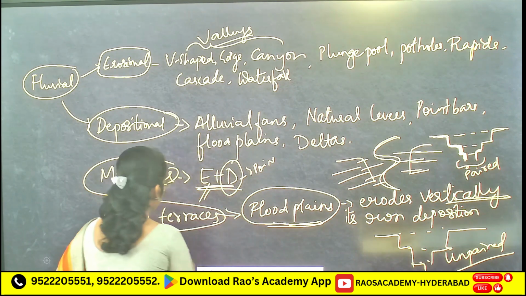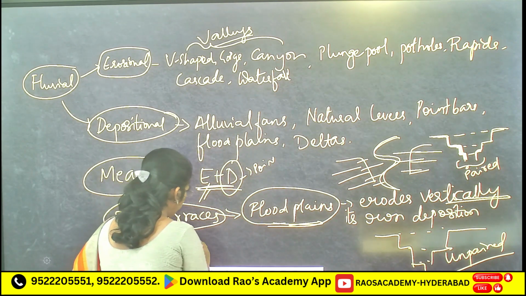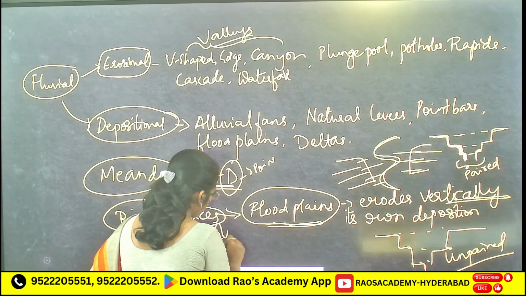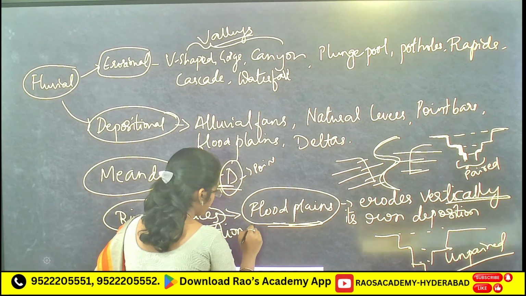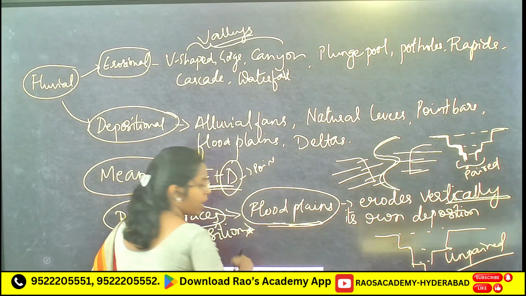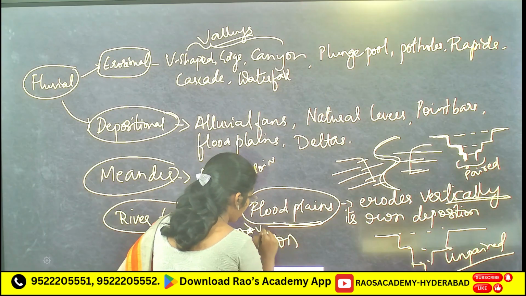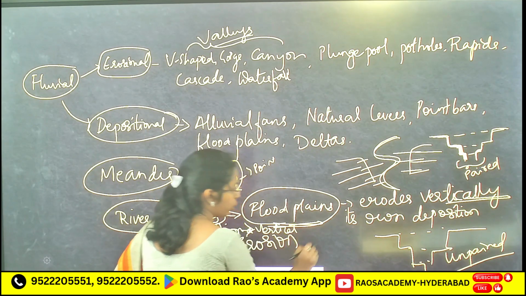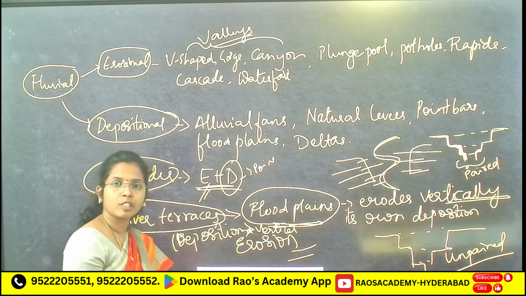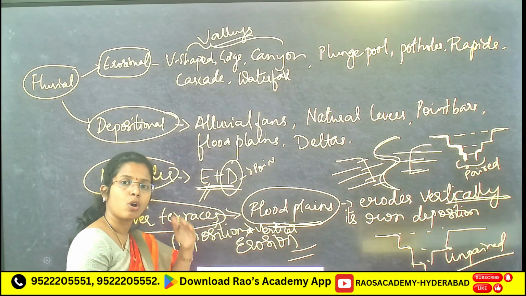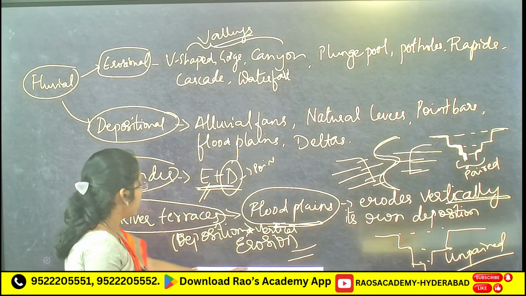Here in river terraces, first deposition. After deposition, what have we seen? Own floodplain erosion. What erosion? Vertical erosion of its own deposition. The stream erodes its own deposition vertically.